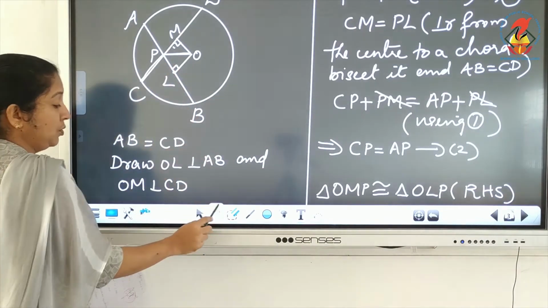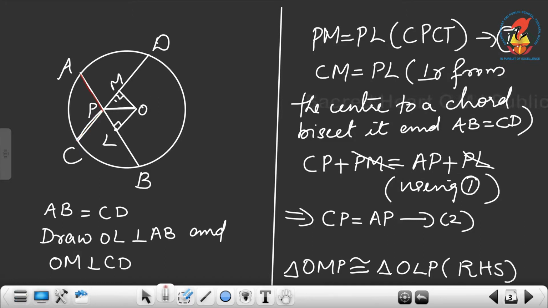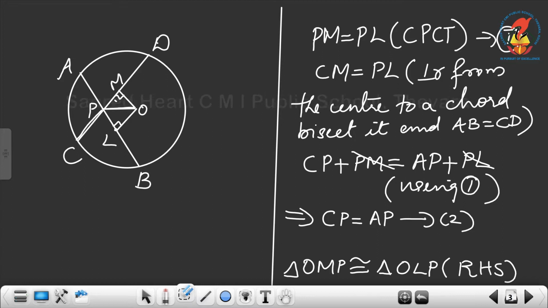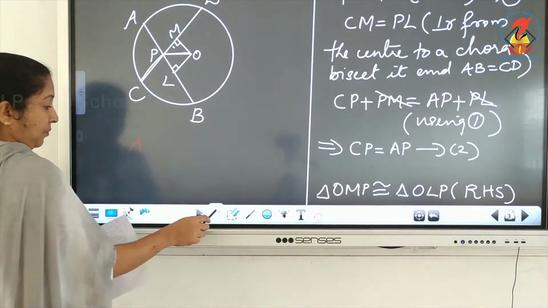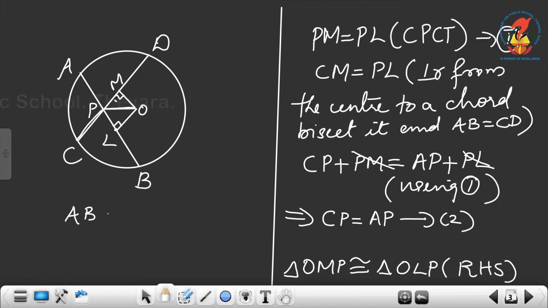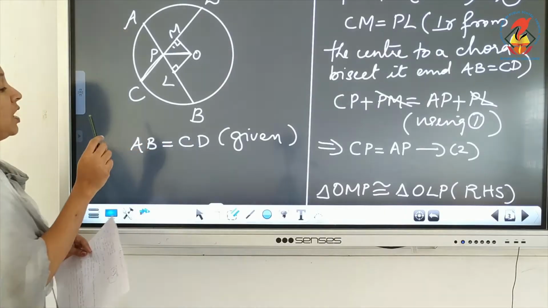CP is equal to AP. Then what you have to prove? We have to prove that PD is equal to PB. For this, we take AB is equal to CD, which is already given. Then how can you split AB?